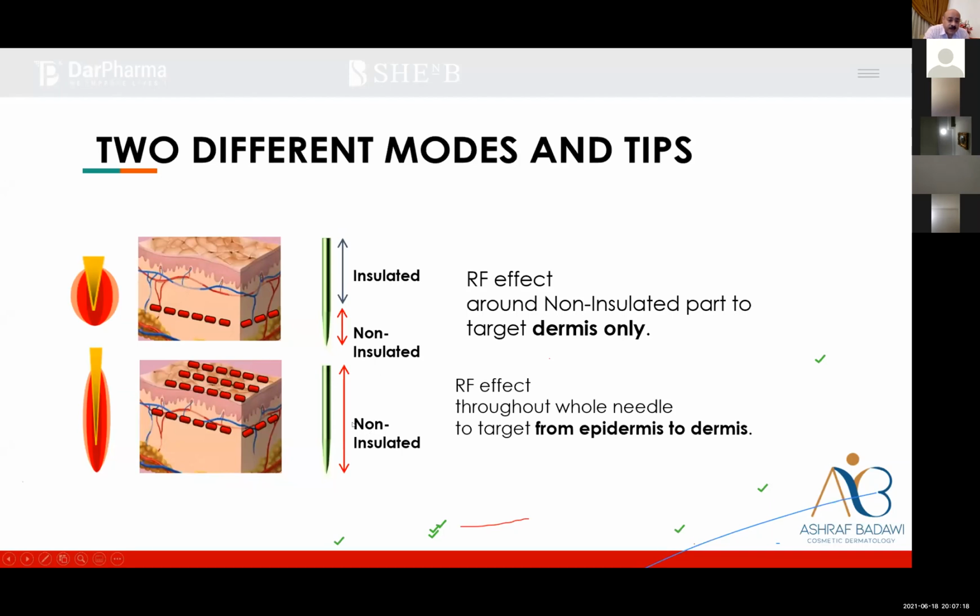On the other hand, for the non-insulated needle, all the thickness of the skin is being affected with the radio frequency, and we are going to have more distribution of the radio frequency, and this is used for collagen stimulation, improvement of the surface of the skin, along with the radio frequency emission and tightening of the skin. But the lifting effect is going to be more achieved with the insulated needles.